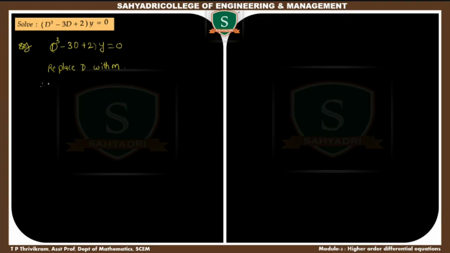Therefore the auxiliary equation is m cube minus 3m plus 2 equal to 0. How to write the coefficients? Again 1 for m cube, the m square coefficient is not there so you have to take 0, the m coefficient is minus 3, and next 2.